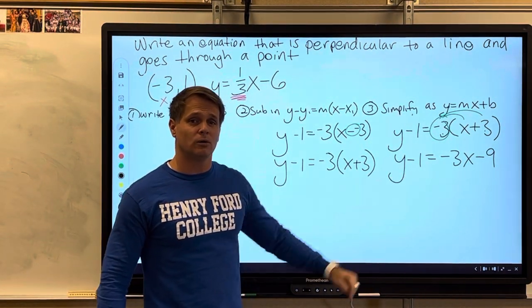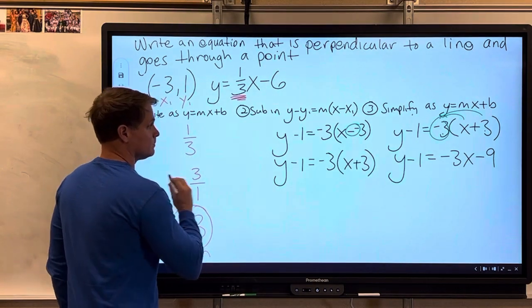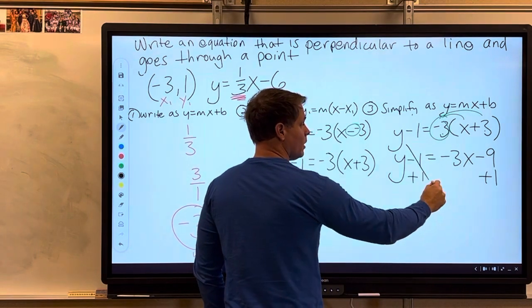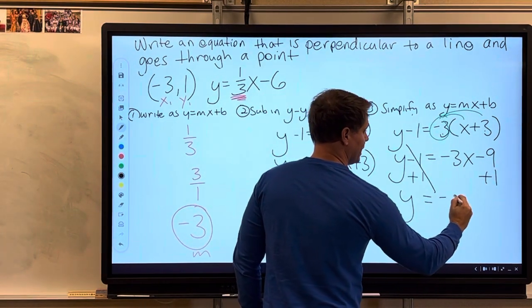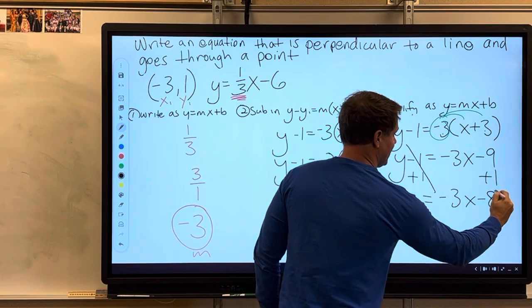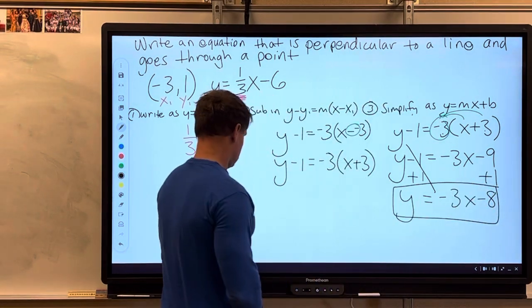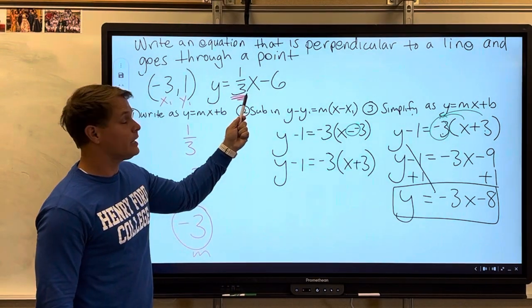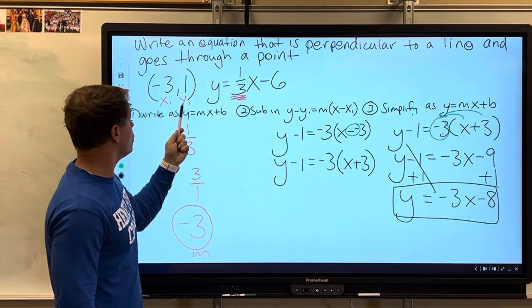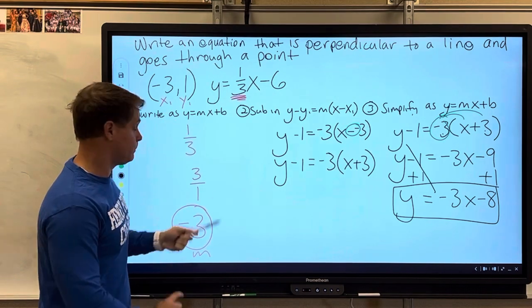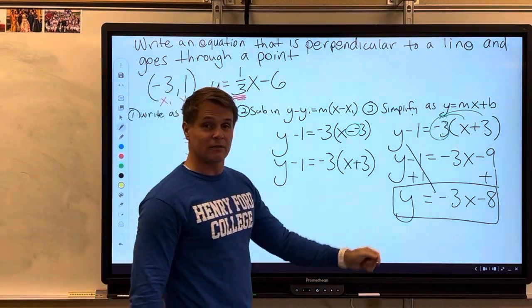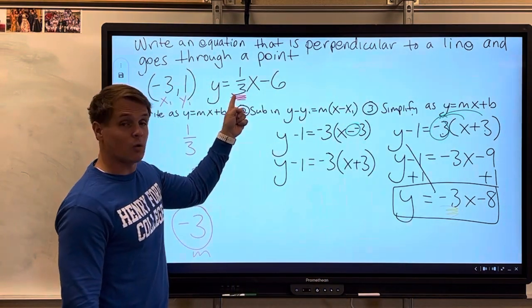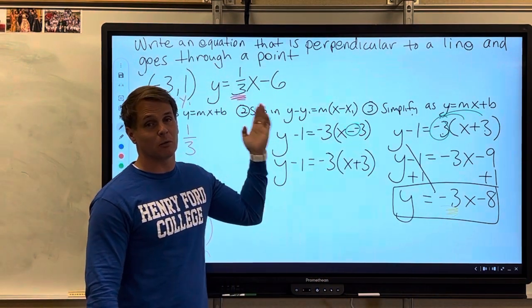I'm going to add 1 to both sides. These two 1s cancel and you get y = negative 3x minus 8. This equation right here is perpendicular to this equation, but it also goes through the point (negative 3, 1). And you can also see that the slope of this equation is negative 3, and the slope of this equation is 1/3. They're negative reciprocals of one another.